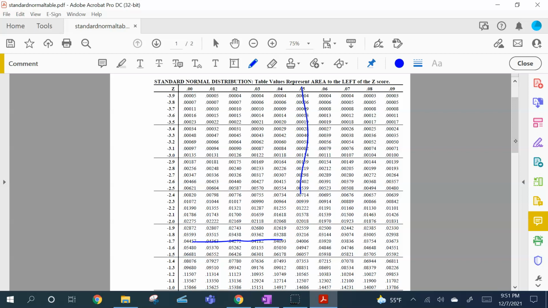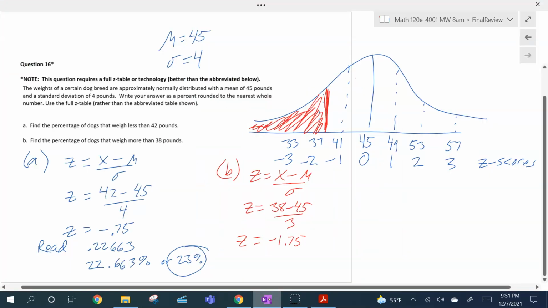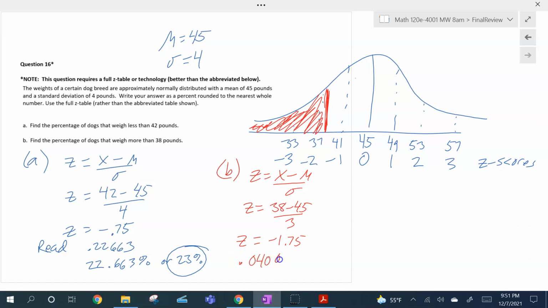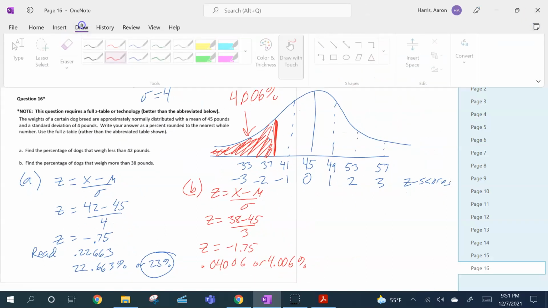All right, reading along here, so it looks like right there. 0.04006, or 4.006%. That's here, 4.006%. Okay, so essentially 4% of dogs would weigh less than 38 pounds, but we actually want more than, right?